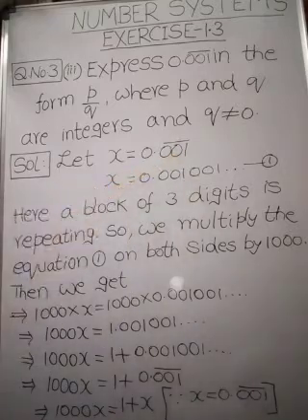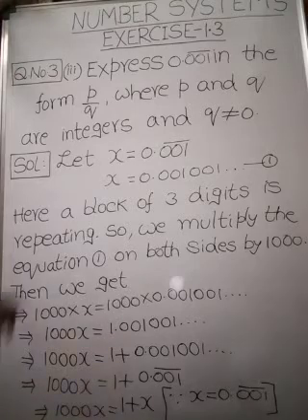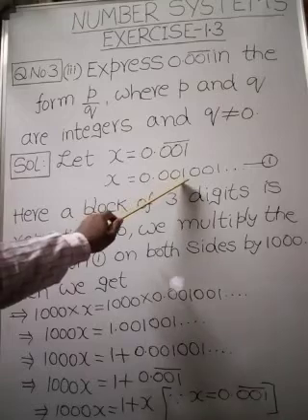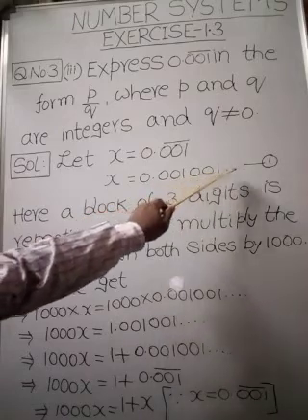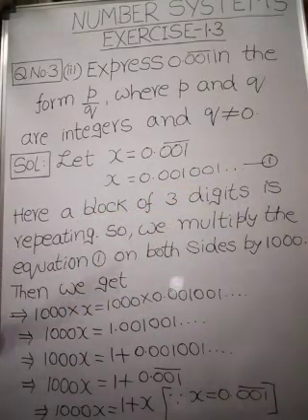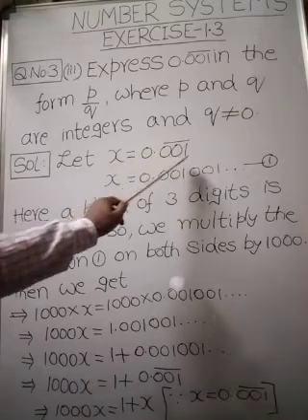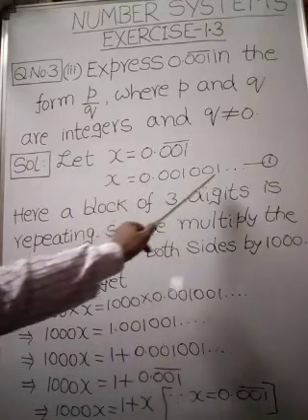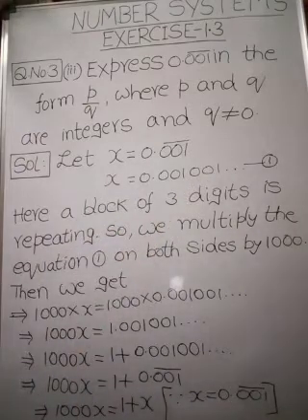Here we are removing the bar symbol and we expand the number. So x is equal to 0.001 and so on. I repeated the block of 3 digits 2 times only and so on. Let us consider this is equation 1. Understood this step, my dear children? Right.